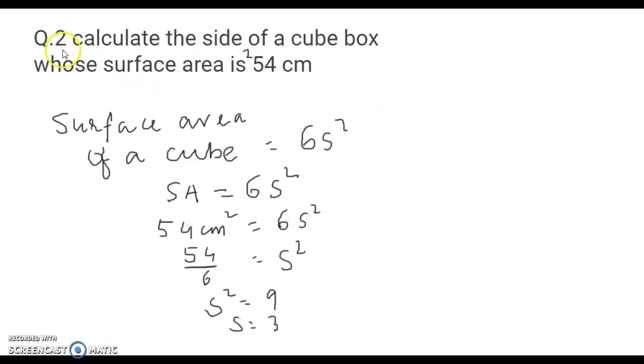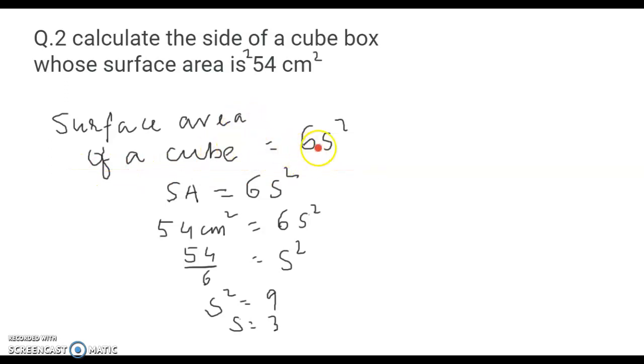Okay, question 2, let's see. Calculate the side of a cube box. It is a box with a lid, a cardboard box whose surface area is 54 centimeter square. So let us put down the formula.